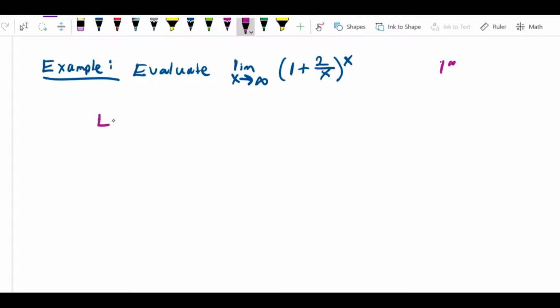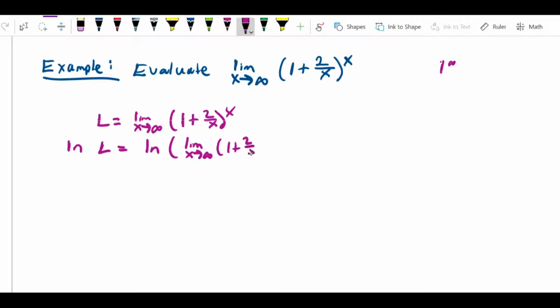We're going to let L equal the limit as x approaches infinity of (1 + 2/x)^x. Now I'm going to take the natural log of both sides. ln L is equal to the natural log of the limit as x approaches infinity of (1 + 2/x)^x.